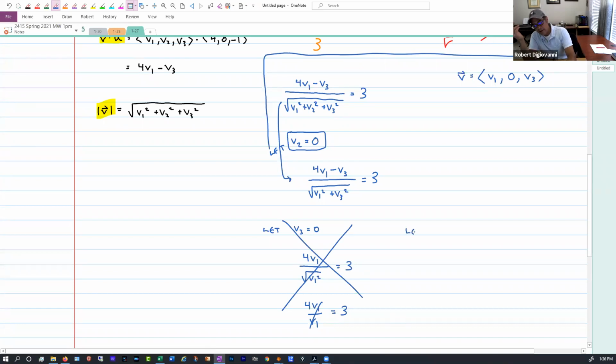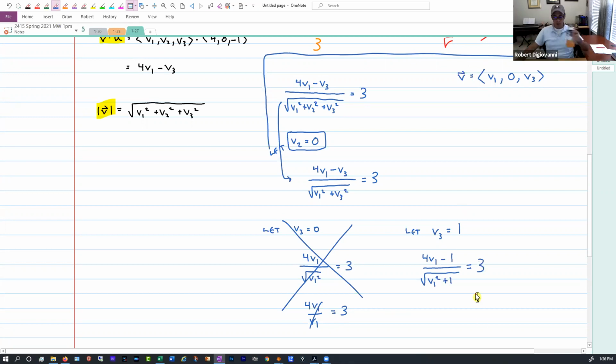So how about we let V3 be, I don't know, 1? 1 seems like a decent number to work with. So 4V1 minus V3, which is 1, over the square root of V1 squared plus 1. That must be 3.